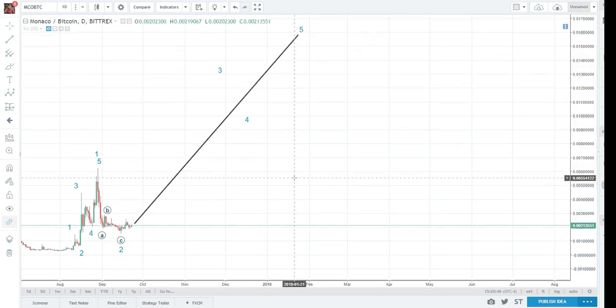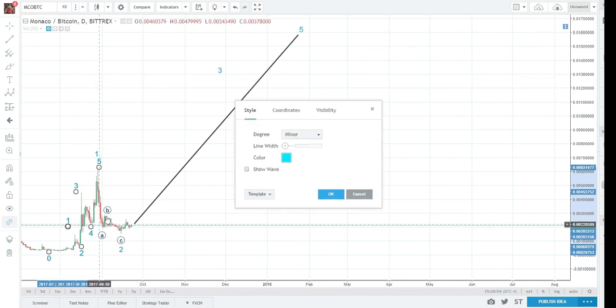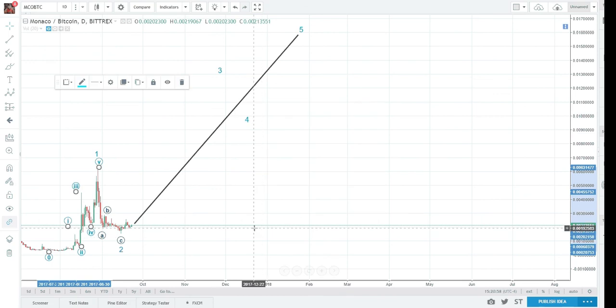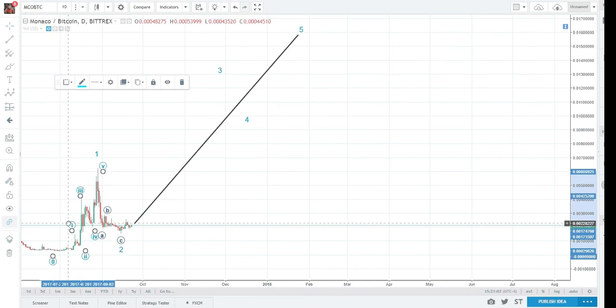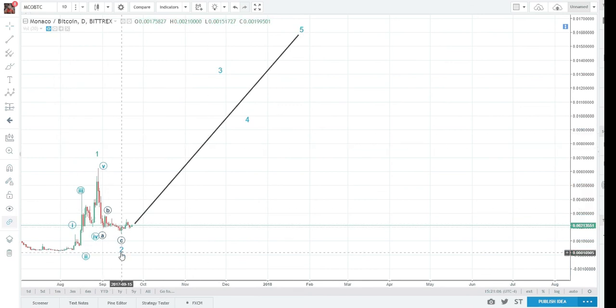So yeah, this morning I started taking a broader, longer term time view and realized that we need to take a longer term perspective on this. If this is 1 and this is 2, we've got a big 3 coming.